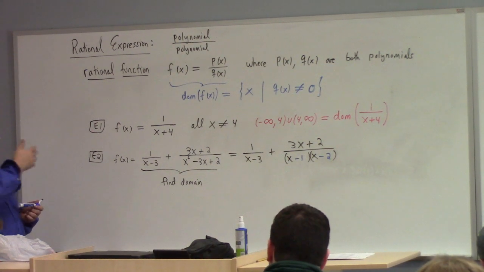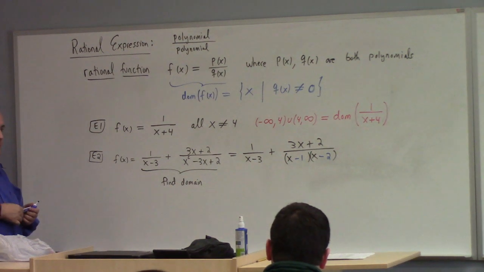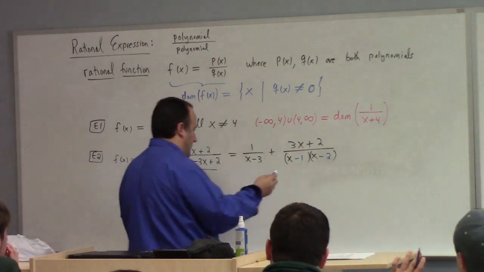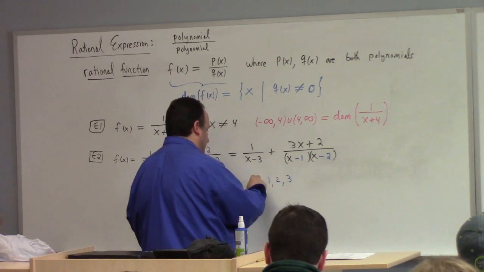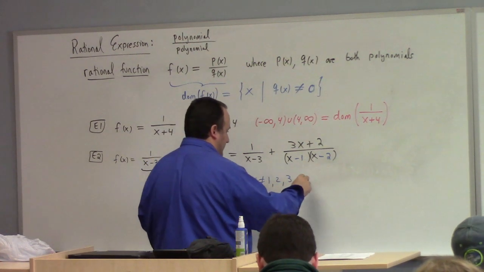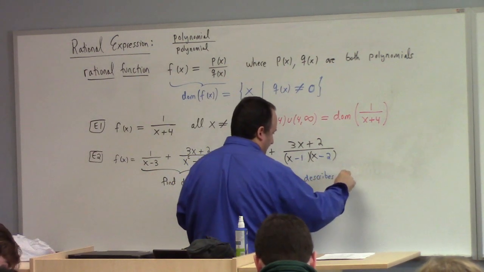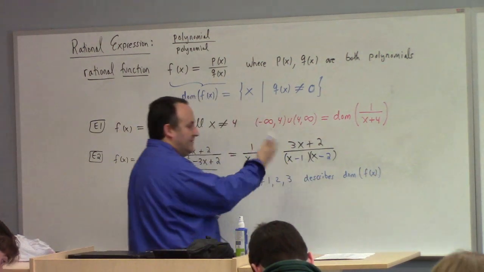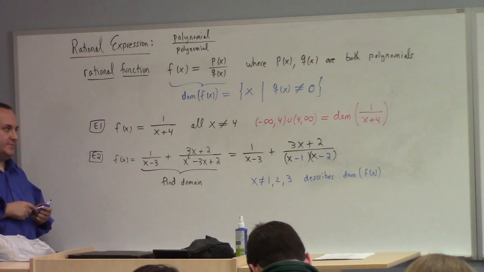Now that you look at this, what are the three numbers that we cannot permit in the formula for f of x? 1 and 2. 1, 2, and 3, right? x not equal to 1, 2, 3 describes the domain of f. So the domain of this rational expression is everything except for 1, 2, and 3.